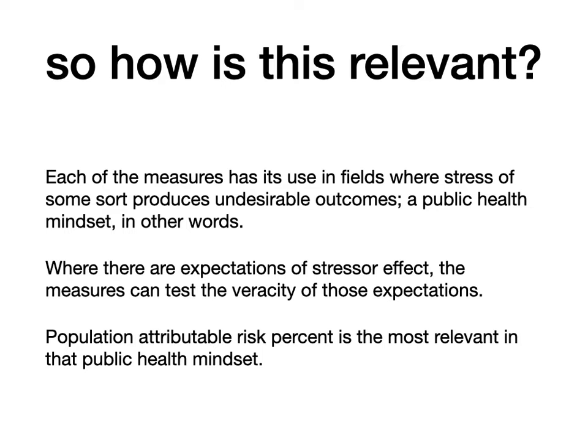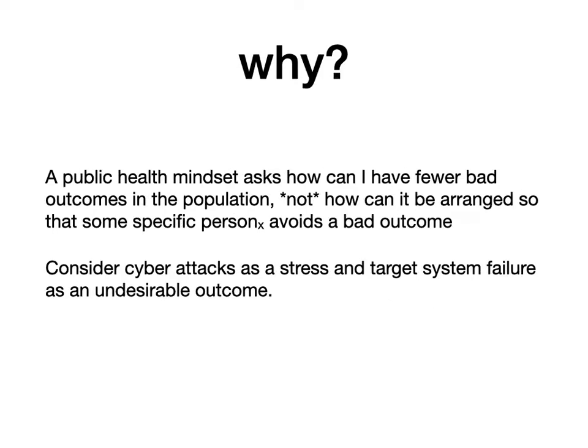for example, if we got everybody to stop smoking or stop speeding or stop eating too much or whatever, what would be the effect on the population at large, hence on, for example, the expenditure of the public purse, hence on the amount of suffering that is present in the population at large, and so forth. This population attributable risk is perhaps the most relevant in that public health mindset.